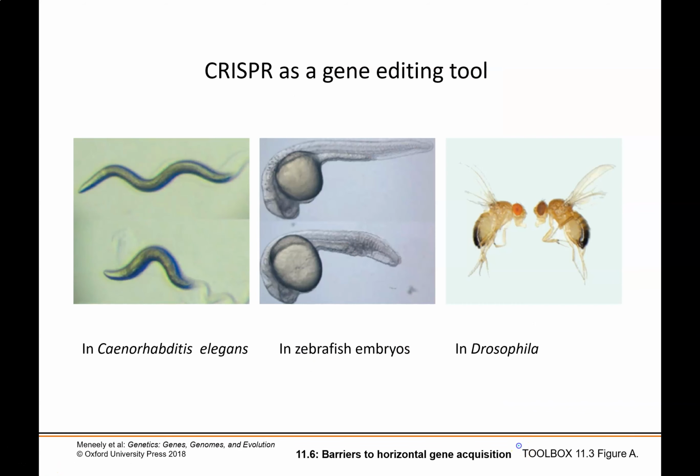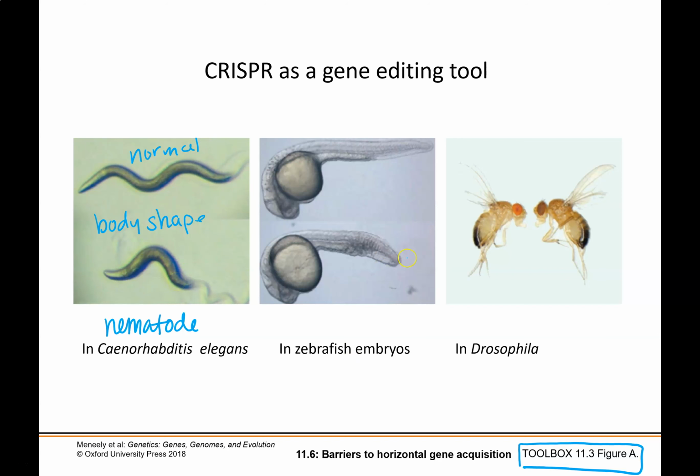So going back to our book, this is an image from Toolbox 11.3. This shows just a couple of examples of CRISPR gene editing. So here in the C. elegans, this little nematode, we have editing of a body shape gene. You can see we've got the normal here, and then we've got this smaller edited nematode with a shortened body structure.